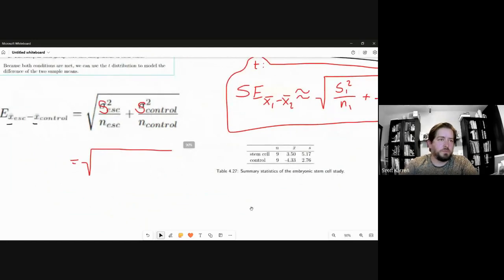All right, so S of the stem cell, ESC, they've denoted as the experimental stem cells.